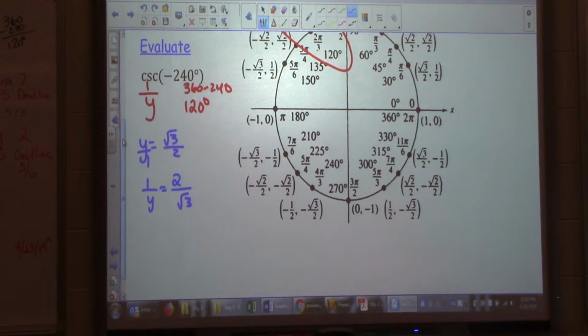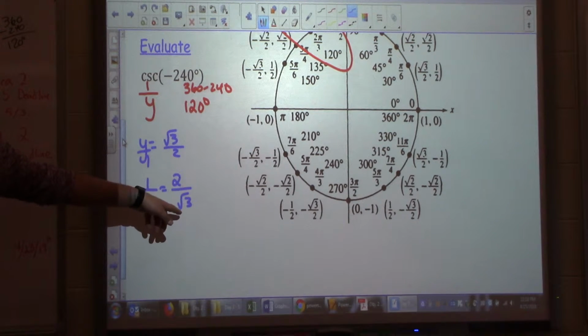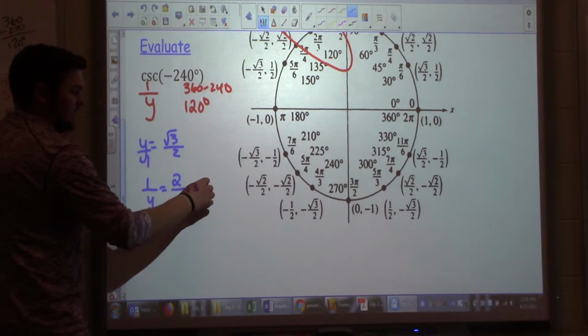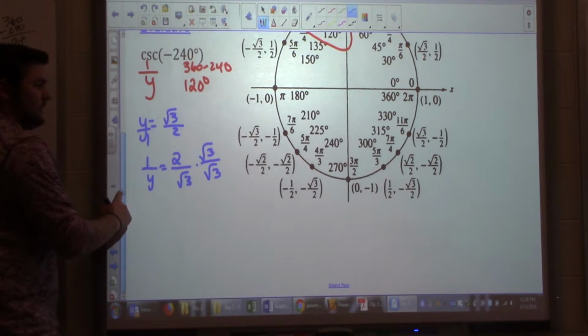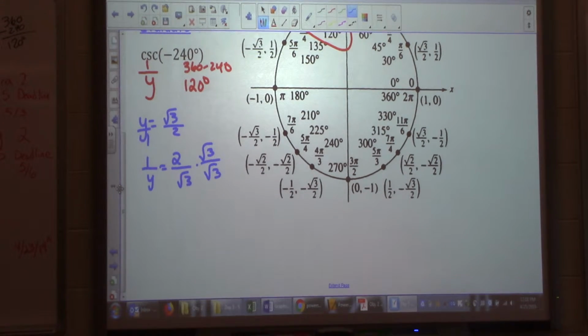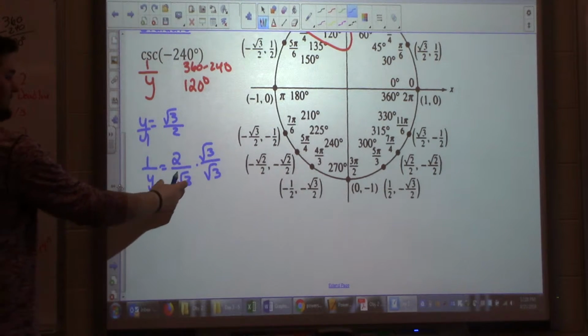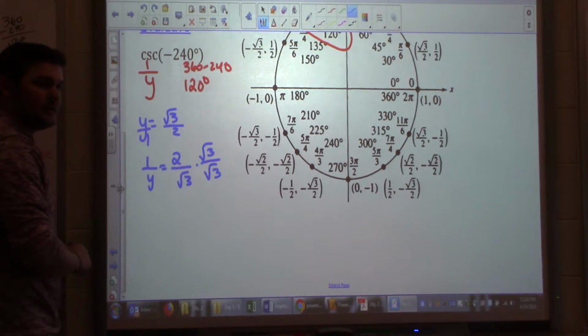Rationalize it, right? Remember, we cannot have a square root in our denominator for our answer. So we multiply top and bottom by square root of 3. We rationalized last unit. We can't have a square root in our denominator for an answer. So you multiply by the radical in the denominator.